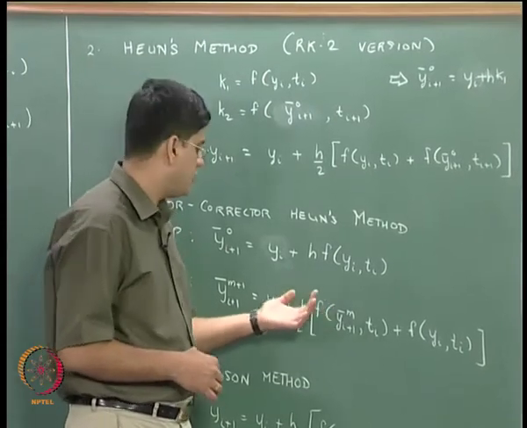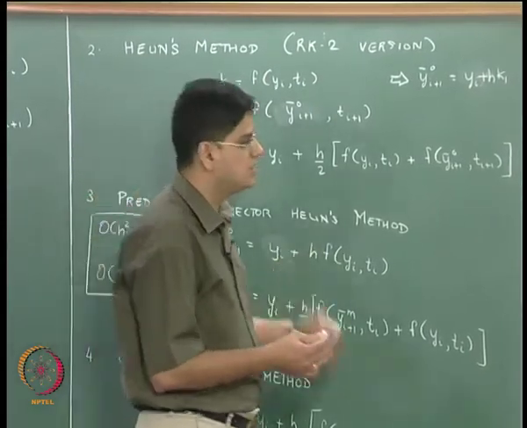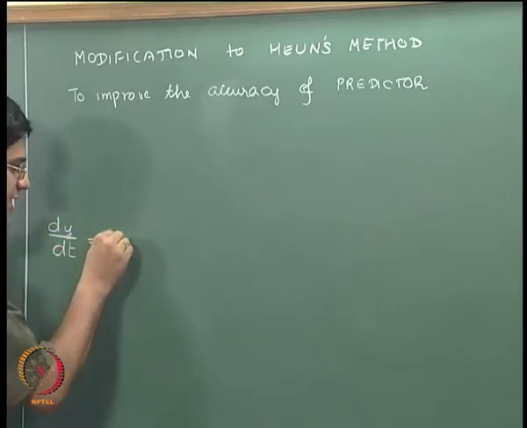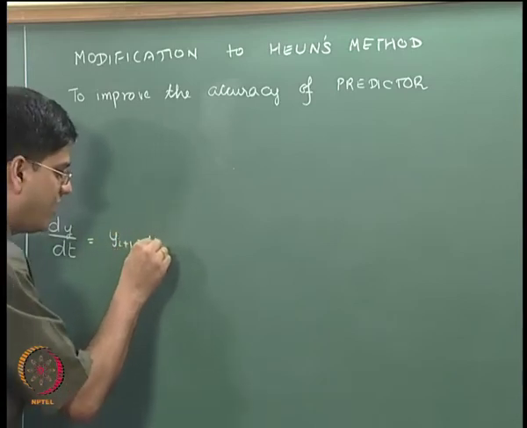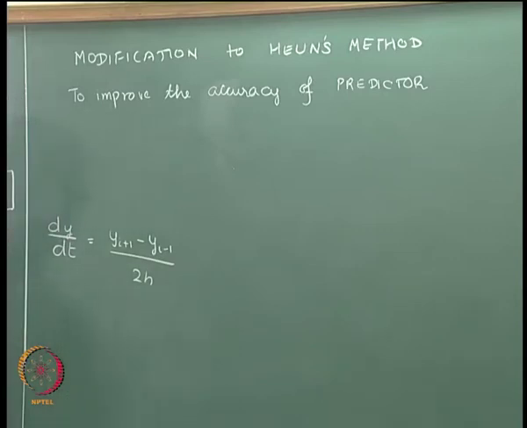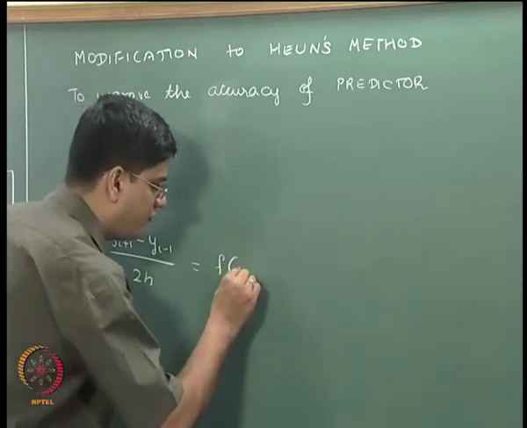And that better formula is the numerical difference: dy by dt we can write as equal to y I plus 1 minus y I minus 1 divided by 2h. Okay. Now, dy by dt was equal to f of yi comma ti.